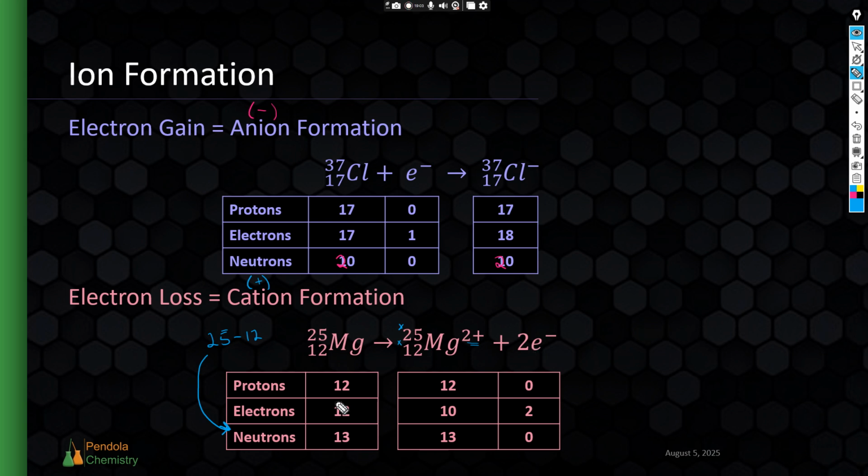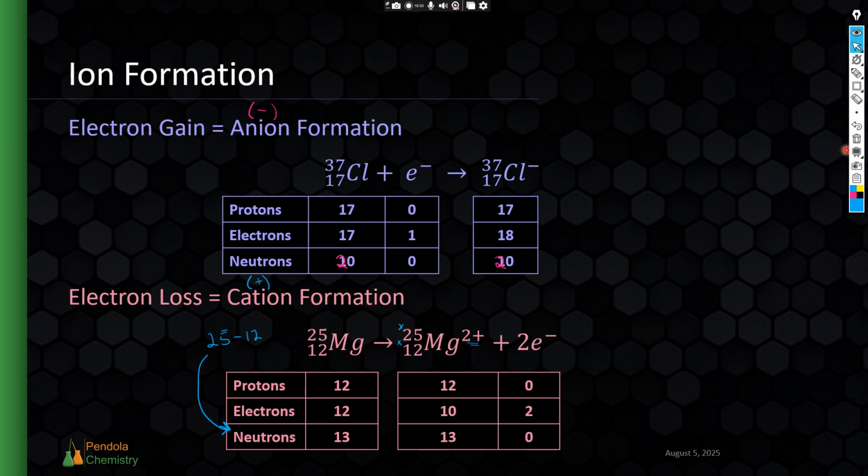However, we have 12 electrons in the original neutral magnesium. When that magnesium loses 2 electrons, we now only have 10 electrons, because 12 minus the 2 lost is 10 electrons. Again, this could have been magnesium-23, could have been magnesium-26. It doesn't matter because the protons and neutrons are not affected by the charge. Only the number of electrons is.